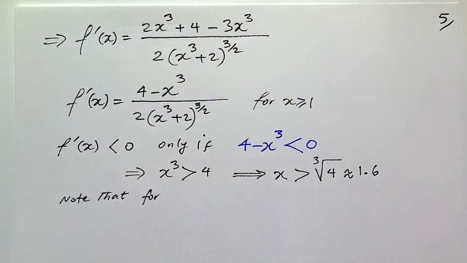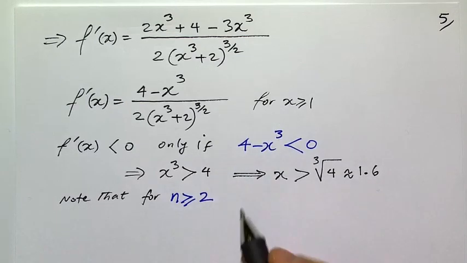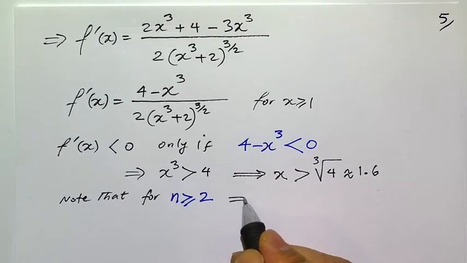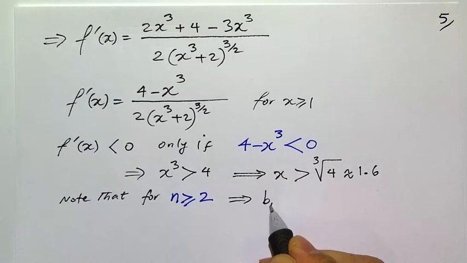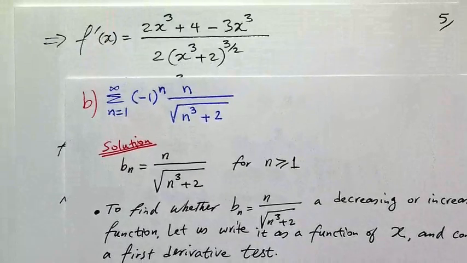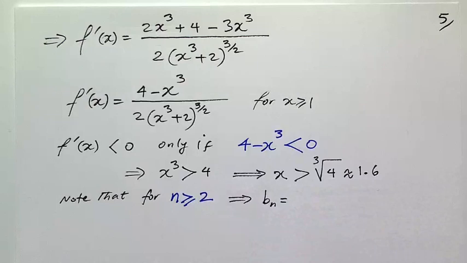Note that because x is mimicking n, for n greater than or equal to 2, the bn's are decreasing. Then bn, what was it equal to? It was equal to n over a square root of n cubed plus 2.